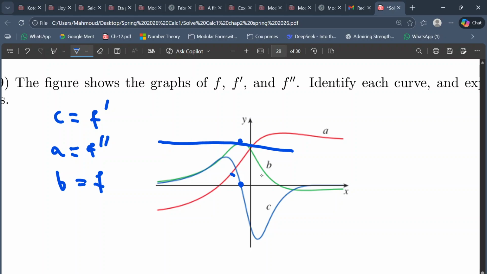Also, graph B is increasing from minus infinity before reaching the horizontal, and you see that graph C is positive, right? Did you take concavity yet? Concave up, concave down? Not yet? So we cannot use concavity here. We can use just the idea of horizontal asymptote and these things, right?